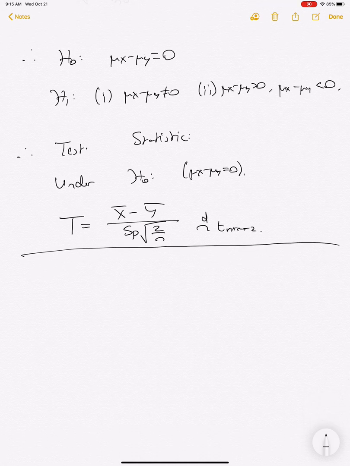So now, this leads to the overall t-test. This is the t-test for two samples.